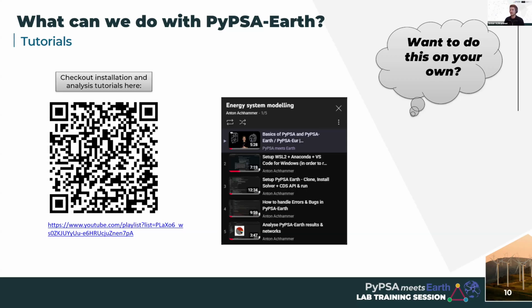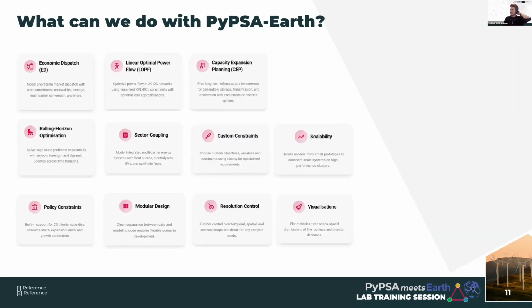But before we do this, I want to wrap this up a little bit. What can we do with PyPSA-Earth? Basically, we can do economic dispatch. We can do linear optimal power flow. We can also do capacity expansion planning. We can look at various sectors.